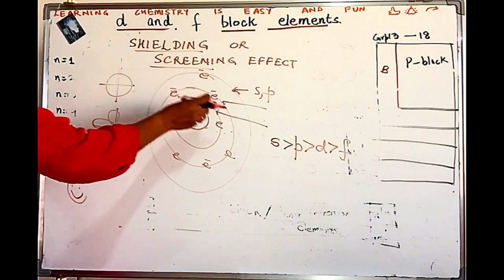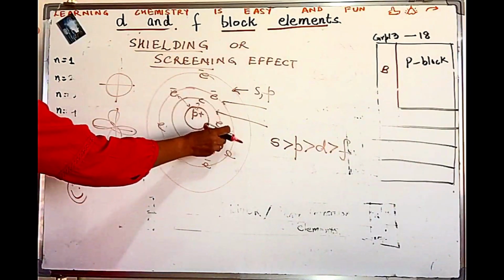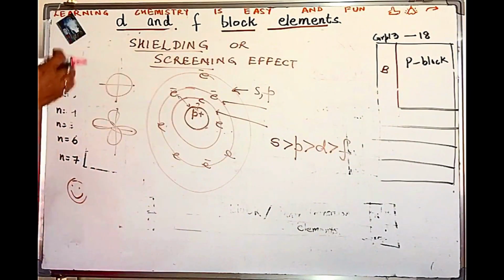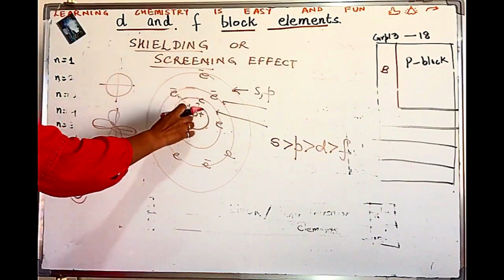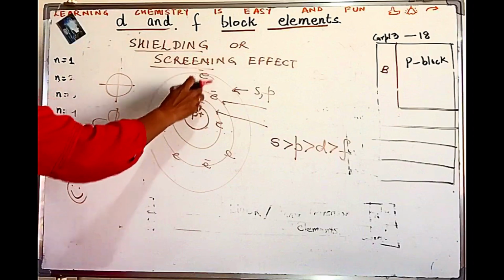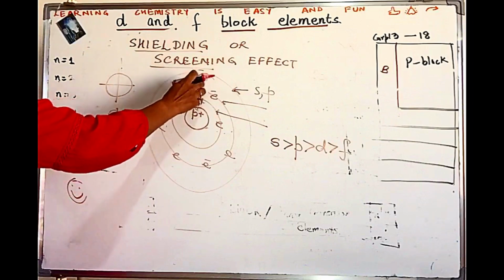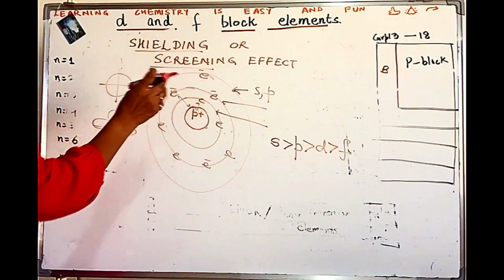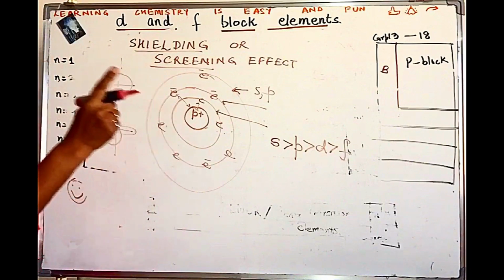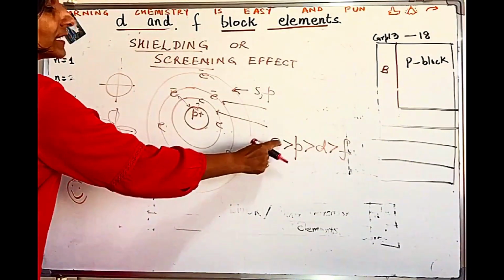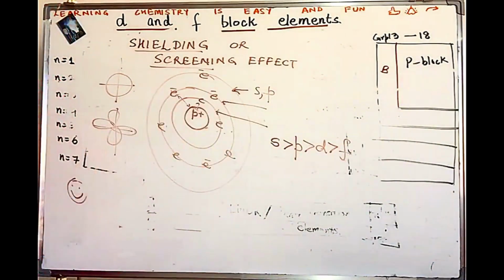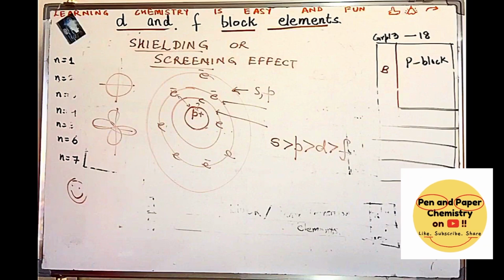So although by virtue of their position in the inner orbitals, they should be preventing the attraction between the proton and the valence electron, they are not able to do so as effectively as the electrons in the S and P or D sublevels.